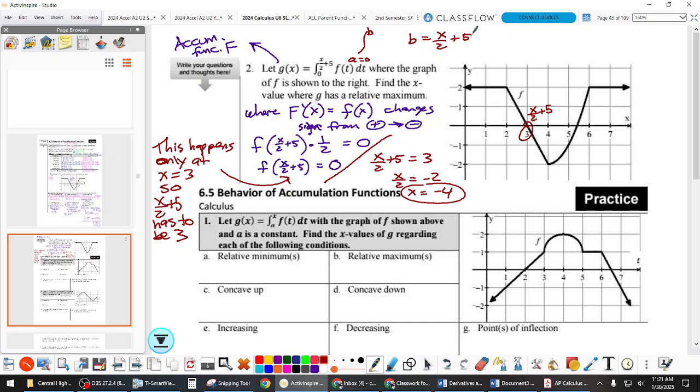So we could do it like we did in the first example on the previous page, where we find b is 3 where this occurs, right? B is the location on the x-axis where it changes from positive to negative. But now we just fiddled with what we're calling that and called it x over 2 plus 5, where we have to solve for that different number that makes it 3.